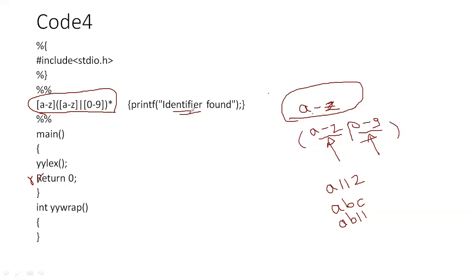Now, if you want to identify digit and identifier in a single program, you can include the digit line over here, and this will come down. So any number of lines can be added between these two percent signs. Clear? So in a single program, you can identify a word that we can later call reserved words, then identifiers, then numbers, digits. I hope everything is clear now.